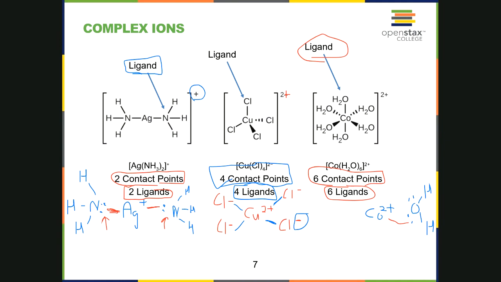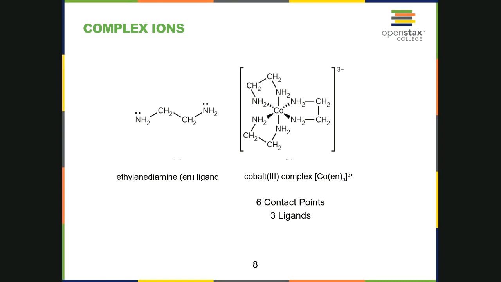Now I want to look at this next slide, and then I'm going to cut you guys loose. Here's an example of a molecule where you have 1 ligand but that 1 ligand has 2 contact points. One is the pair of electrons on that nitrogen, and one is the pair of electrons on the other nitrogen.